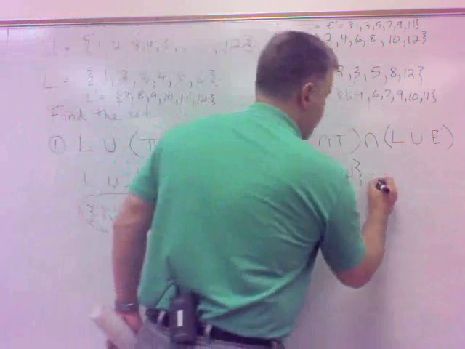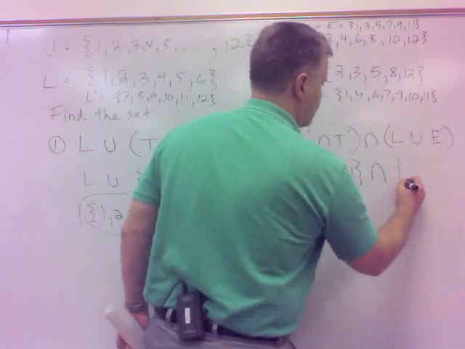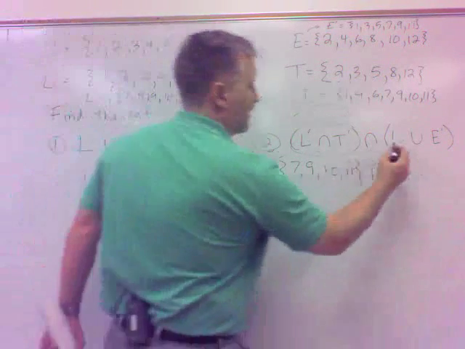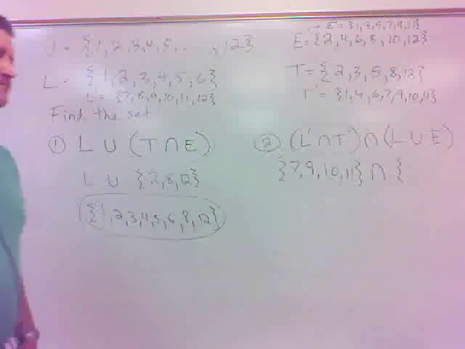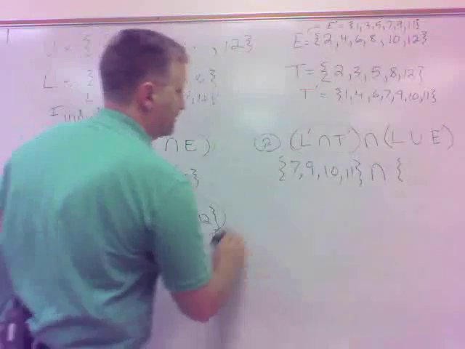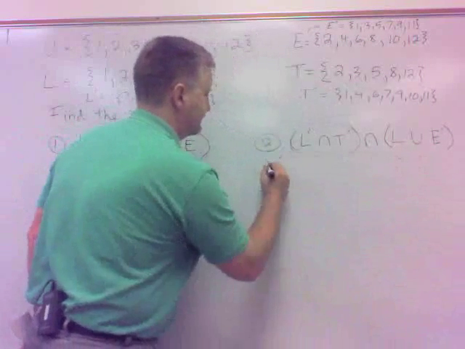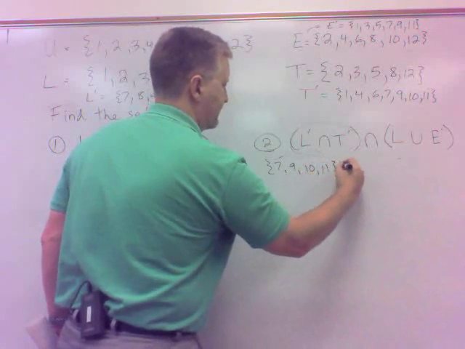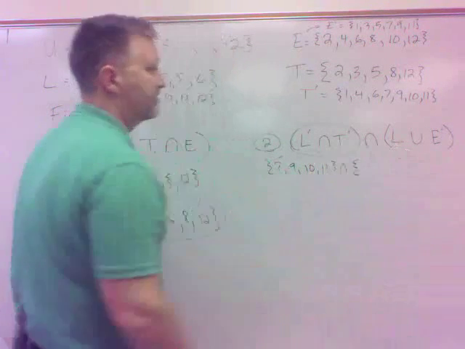So that's that set. I'm going to intersect. Do that intersect in a second. But I want to do the second parentheses here. Let me shrink that up a little bit. 7, 9, 10, 11, wasn't it? Intersect, okay. So what's this other?